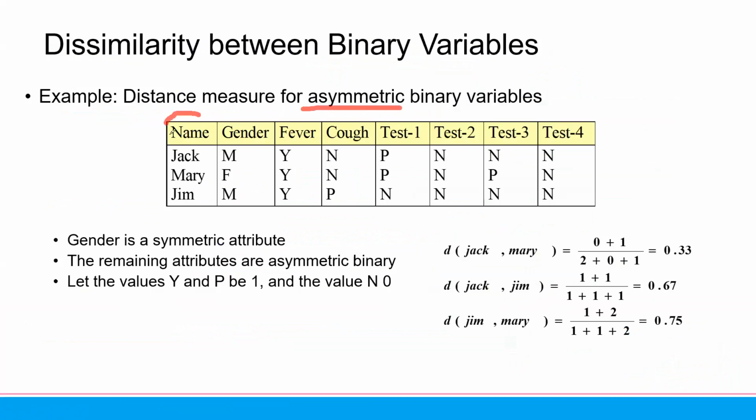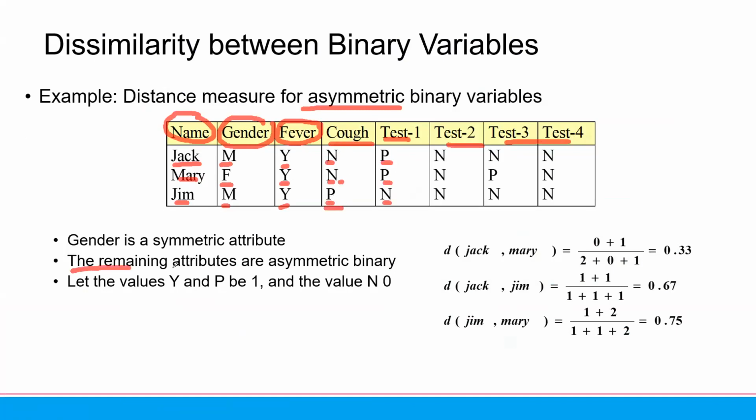We have the names Jack, Mary, and Jim. Gender: male, female. Fever: yes, yes, yes. Cough: no, no, yes. There are other tests where P is positive and N is negative.